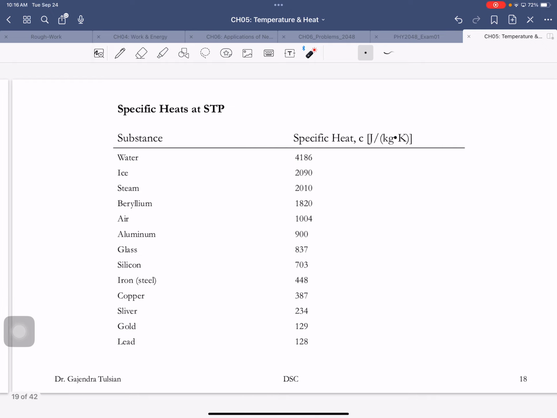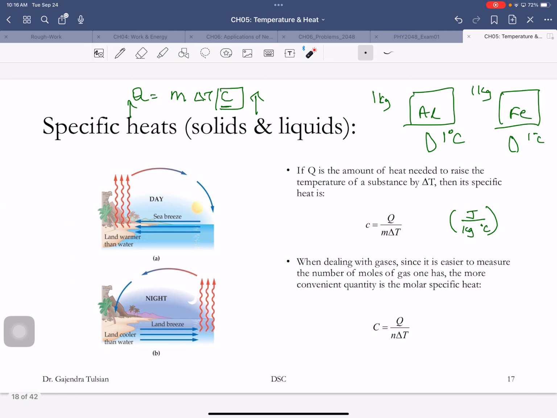All right, now let's come to this diagram. Let's say during the day, you have the same amount of heat falling on water and land. The specific heat of water is 6 times greater, so its temperature will rise 6 times less. The temperature of the land will rise 6 times more.